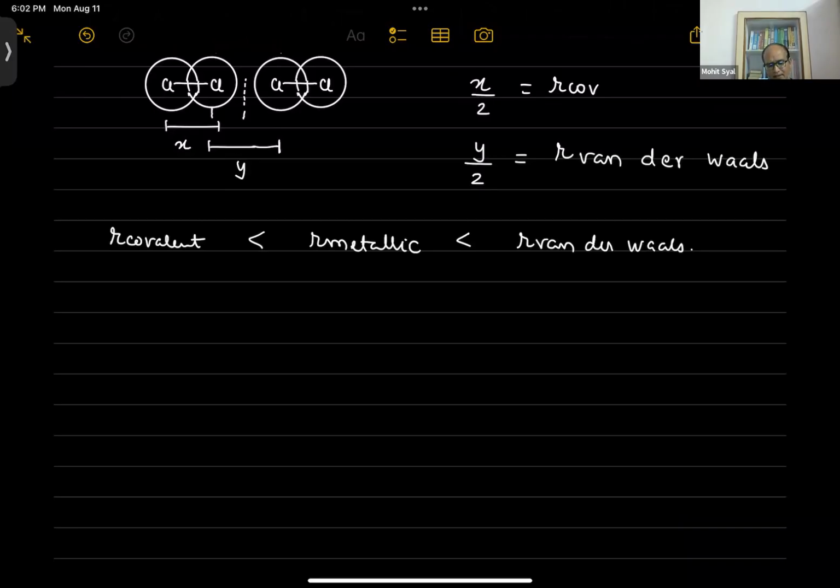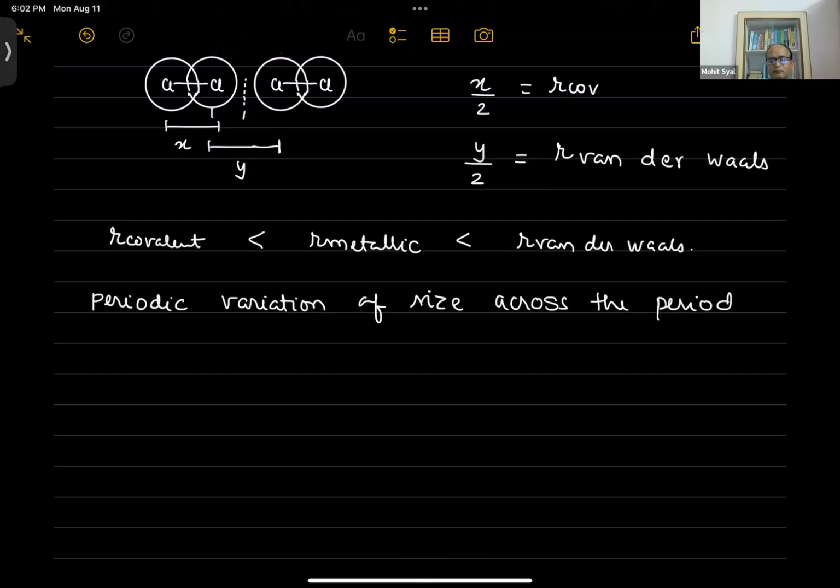So how is the size varying? Periodic variation of size across the period, from left to right.